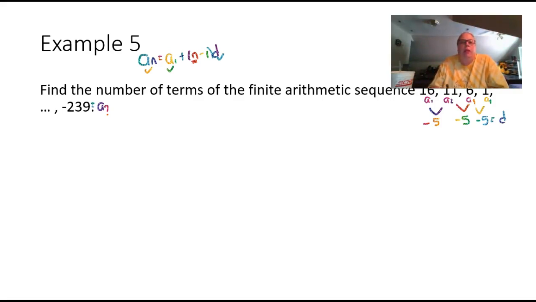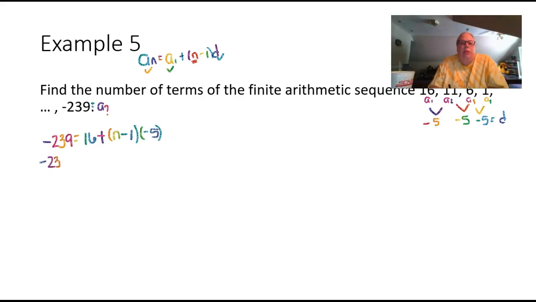All right, let's plug in the parts we know. A sub n, we're going to use the negative 239 for that. It's going to be equal to the first term in my sequence, 16, plus, I don't know n, that's what I'm looking for, minus 1, because we use the first term in our sequence, times the common difference, negative 5.